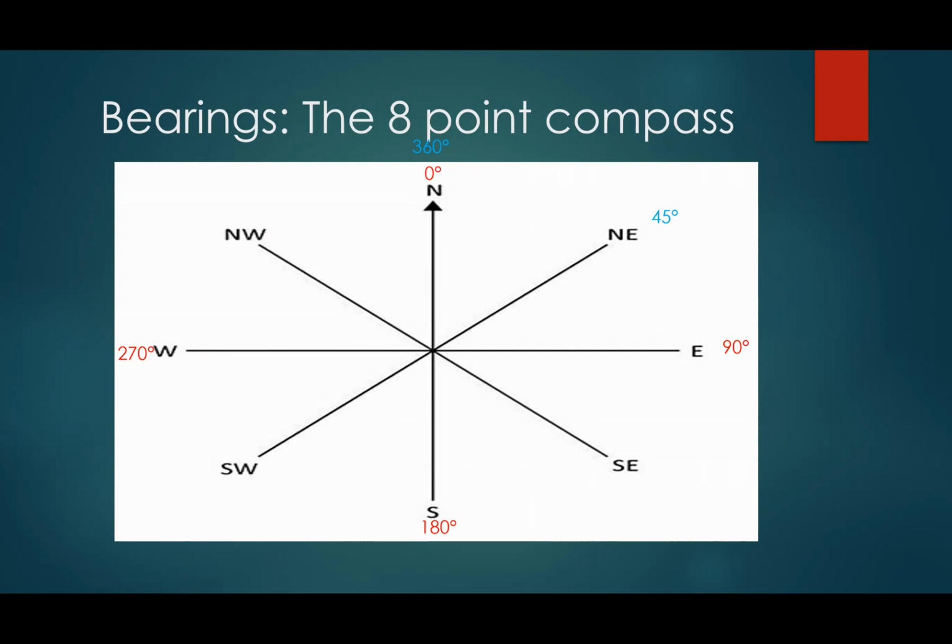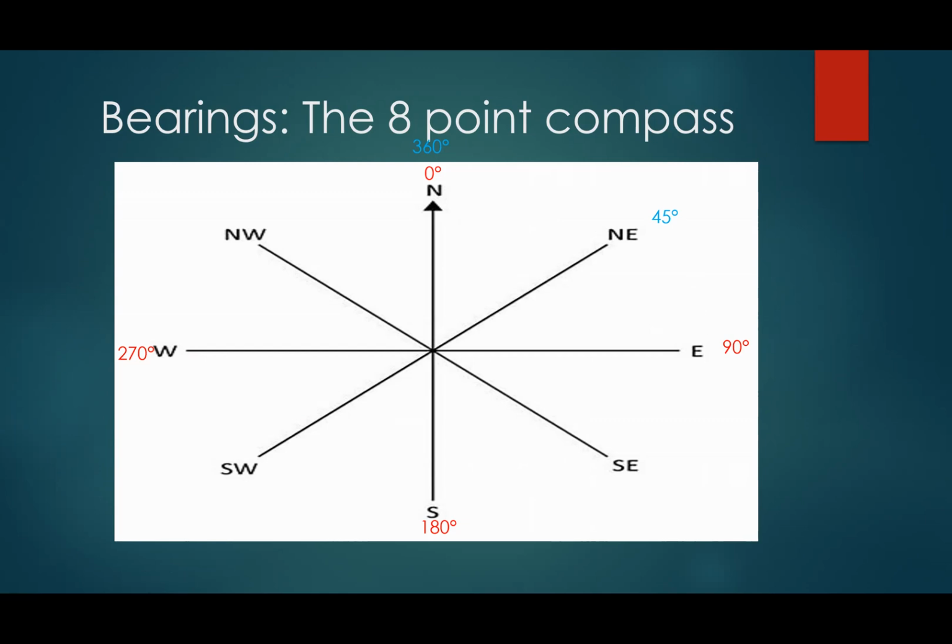So now let's take a look again at the 8-point compass beginning from north. We are adding now by 45 degrees. So north to northeast is 45. We're going to add 45 to 45 right here, which will now give us 90.